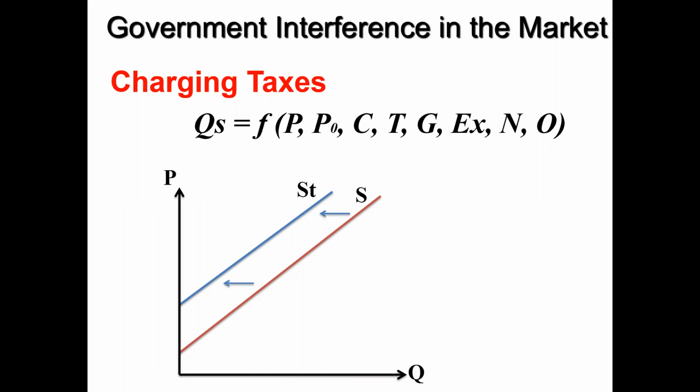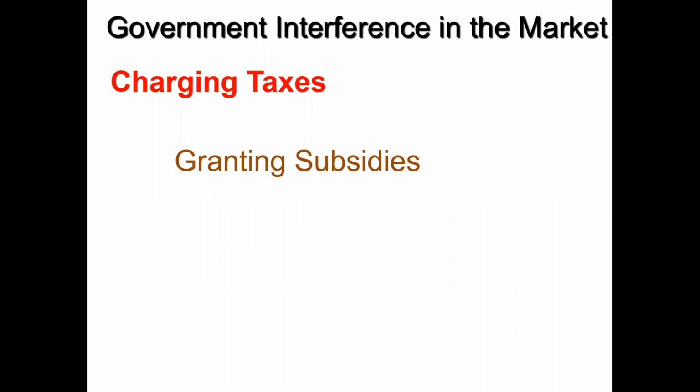When the supply curve is changed, then the market price and market quantities are changed. This is a very common method where the government interferes in the market, almost in all the countries, for most of the goods. And the opposite of this, subsidies. That means the government gives some sort of help to the producers.